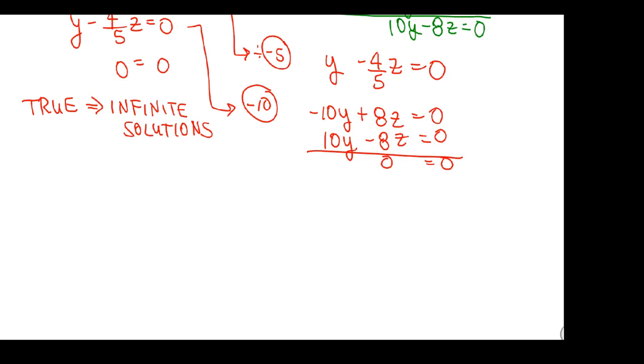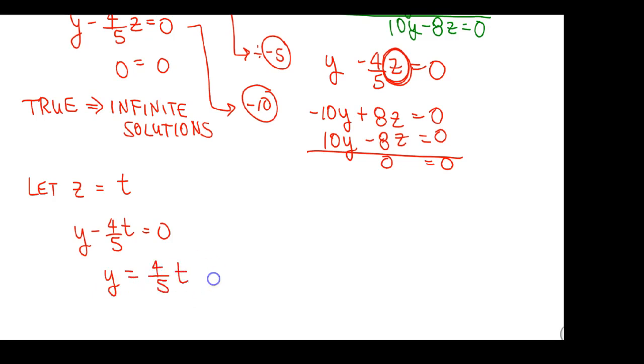What we do is start with the last variable, which is z, and we let z equal t. Well, if z is equal to t, then we can say that y minus 4/5 times t is equal to 0, replacing the z with the t, or that y is equal to 4/5 t.